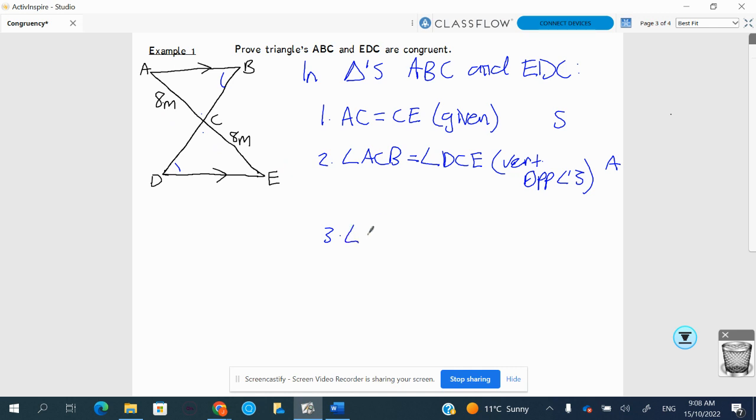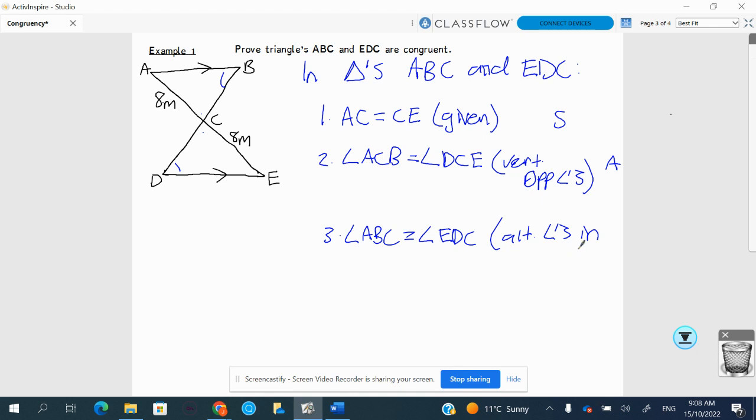So angle ABC is equal to angle EDC, and that is because they are alternate angles in parallel lines.